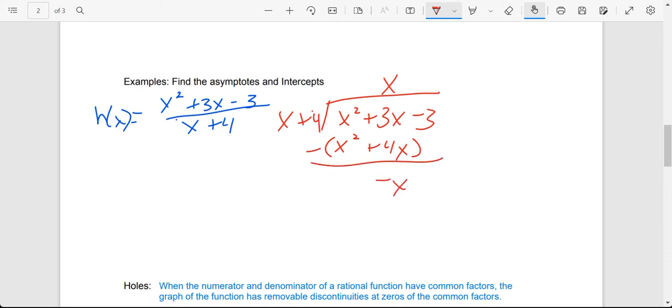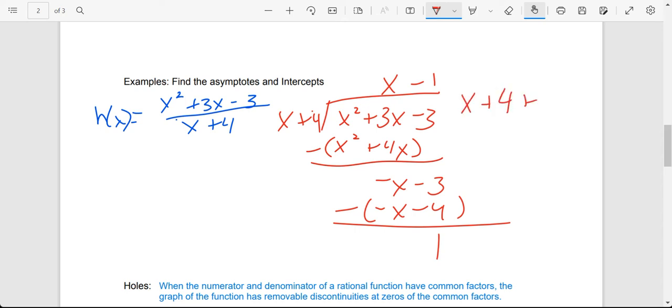Subtract, you get negative x minus 3, minus 1, negative x minus 4. Subtract, you get 1 left over. So what does that mean? Your solution is x plus 4 plus 1 over x minus 1. Excuse me, I mixed it up badly, because we're dividing by x plus 4. Our solution was x minus 1.